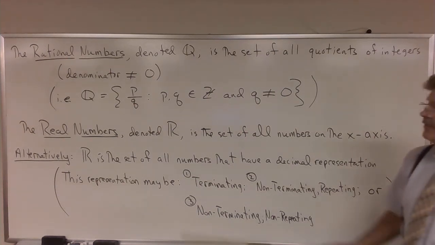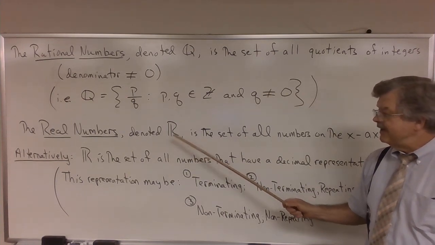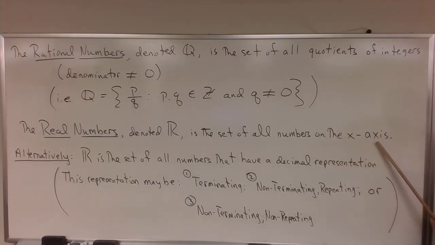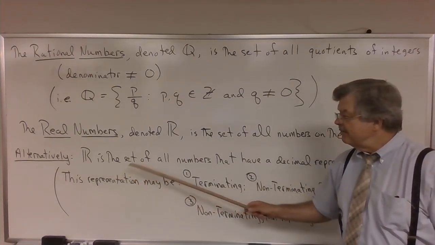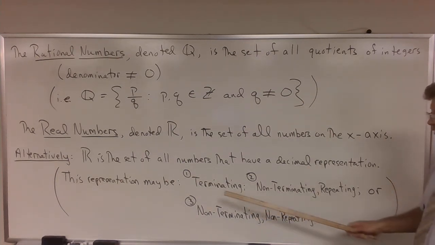And then we have the set of real numbers denoted by a bold-faced R, and it's the set of all numbers on the x-axis. An alternate definition is that the set of real numbers is the set of all numbers that have a decimal representation. And this representation may be terminating.